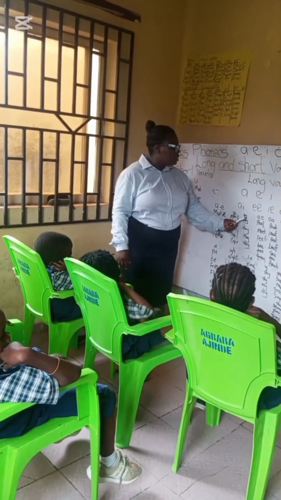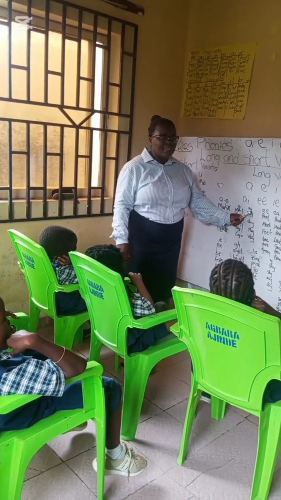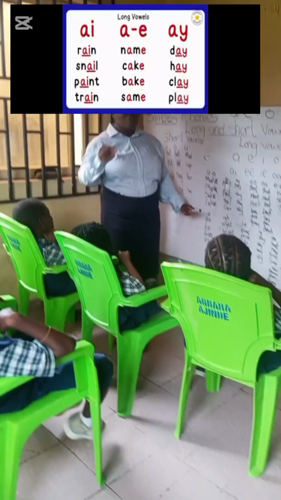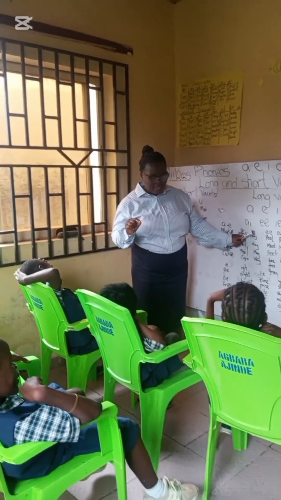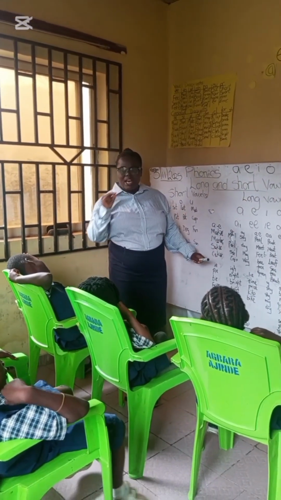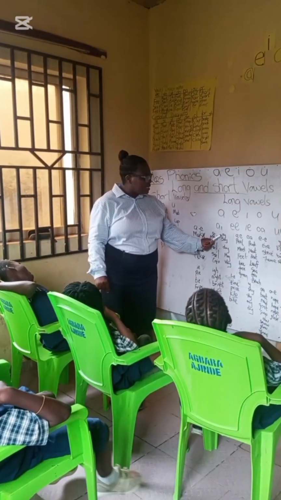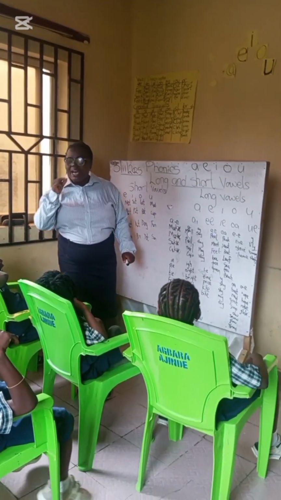We also have another example, A and Y. Whenever you see A and Y staying together, you're going to take it as a long vowel. You're going to call it A while the Y is silent. Y is a consonant, but whenever it's standing with A, the Y is always silent.